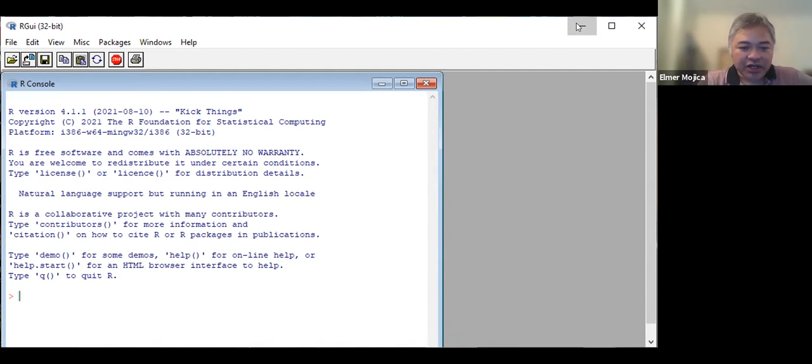Familiar ba kayo dun sa R? When I'm talking about R, yung letter R, yung mismong letter R. Have you heard about that? Hindi pa po, sir. Ba? Because I don't know if you know it, but one big field right now ay yung tinatawag na data science.